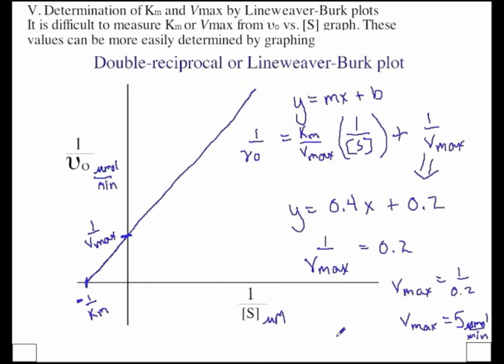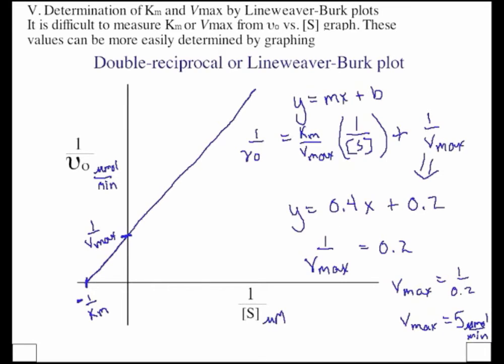Cool. So now that we know Vmax, we could figure out Km by simply knowing right here that Km over Vmax is going to be equal to 0.4 on the equation.